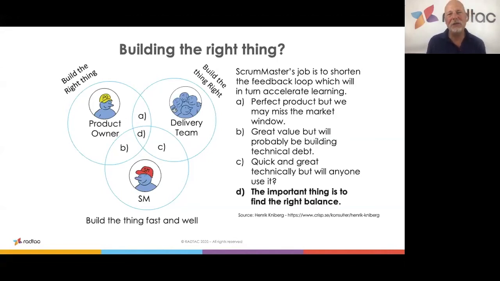So they're about making sure that the way we build whatever this is, a new marketing campaign, a new HR process, whatever it is, that thing is built correctly, that it has within it the business and technical quality, so it's going to operate for the period we want it to operate for, and it has the robustness to be scalable to whatever level we want to scale it. So the Product Owner is about building the right thing. Delivery Team is about building the thing right. Scrum Master, building the thing fast and well.